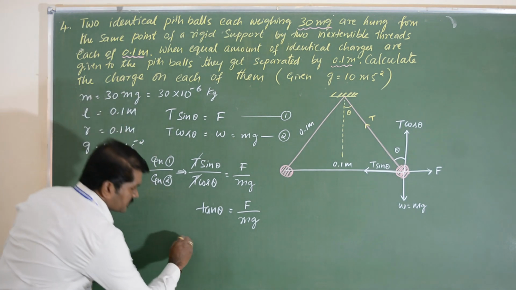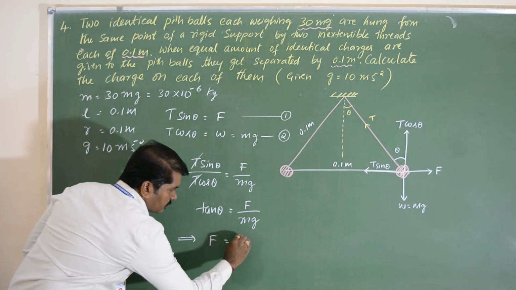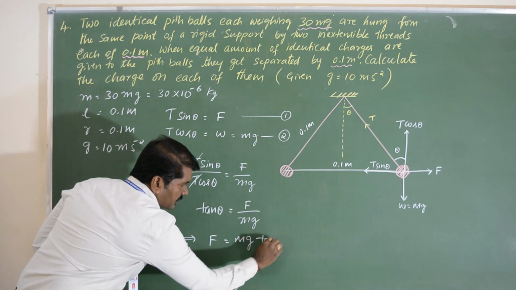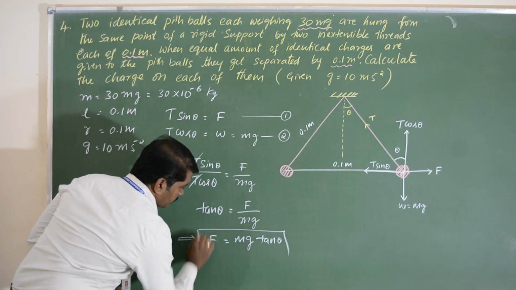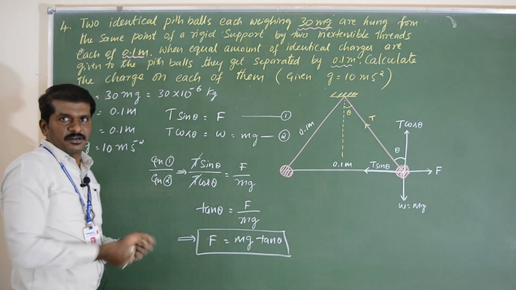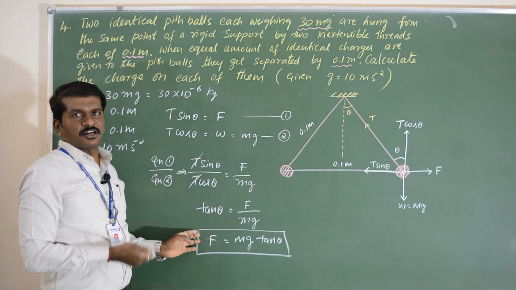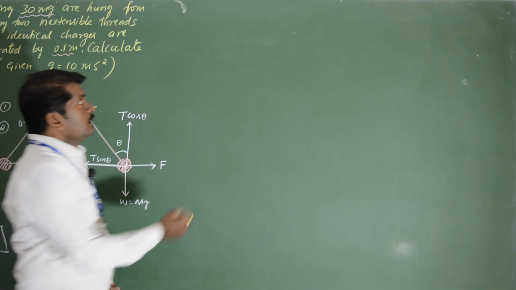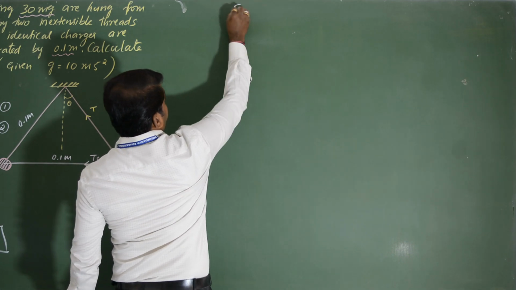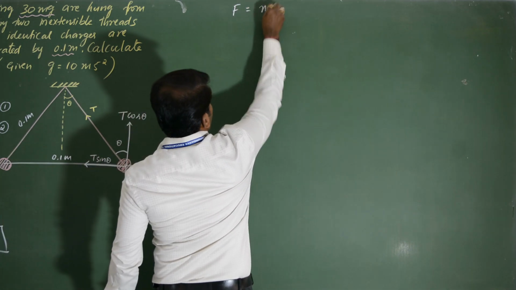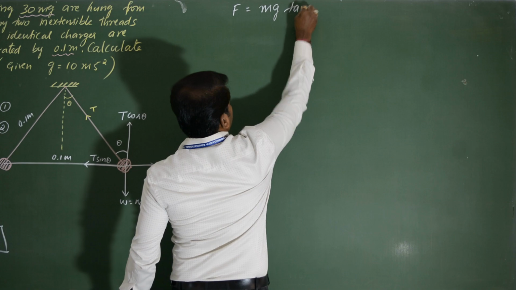Rearranging, F is equal to mg tan theta. F is nothing but the Coulomb's force, that is given by the formula.